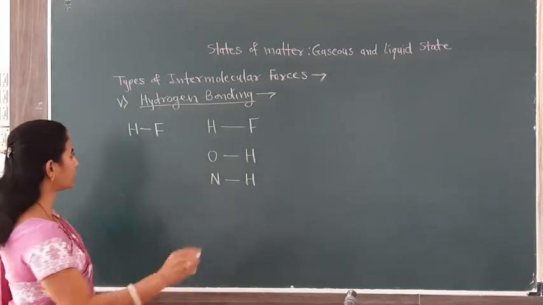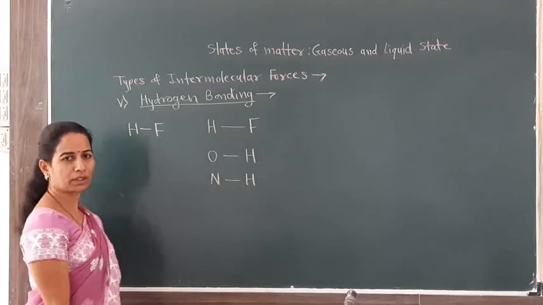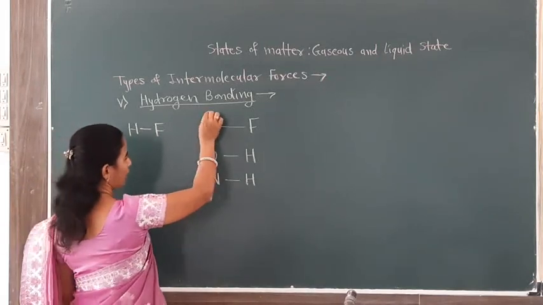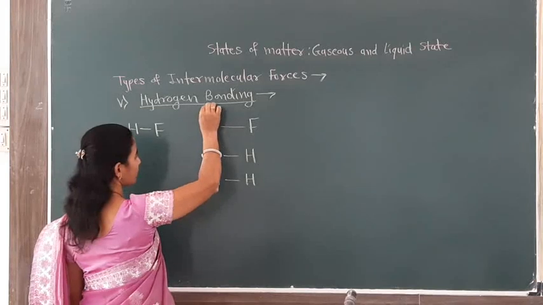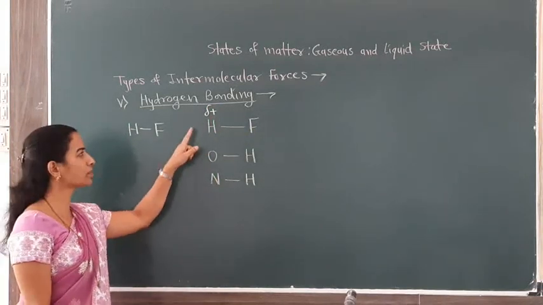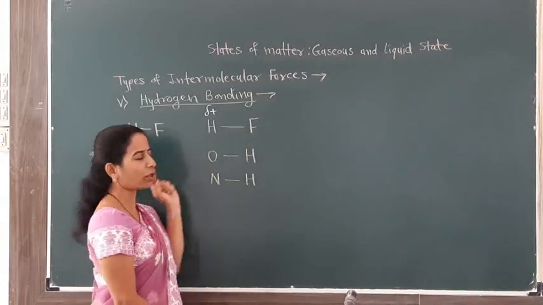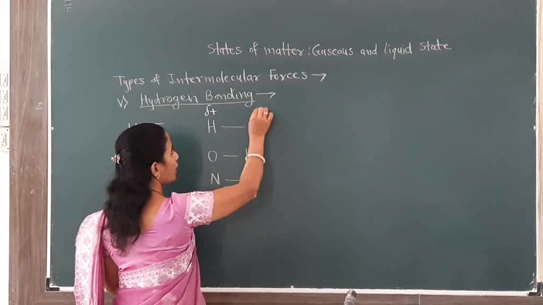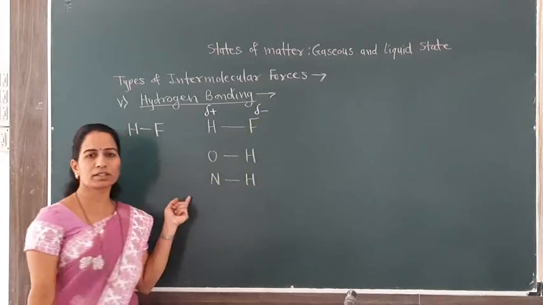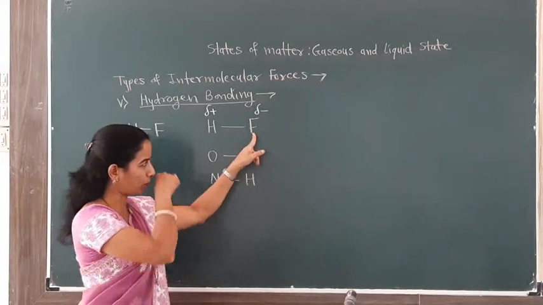Now, we know that this hydrogen atom has less electronegativity than fluorine. So, a partial positive charge is developed on this hydrogen atom, and a partial negative charge is developed on the fluorine atom, because fluorine is more electronegative.